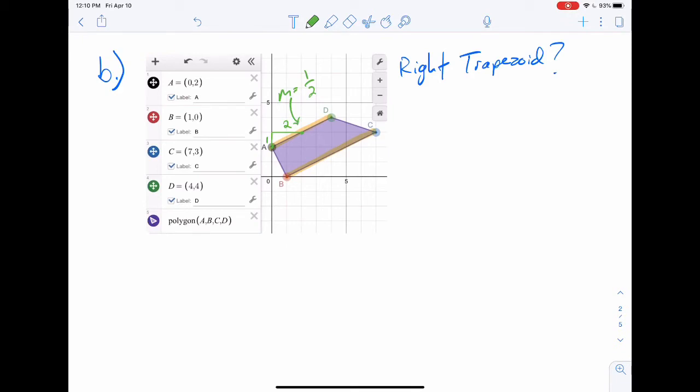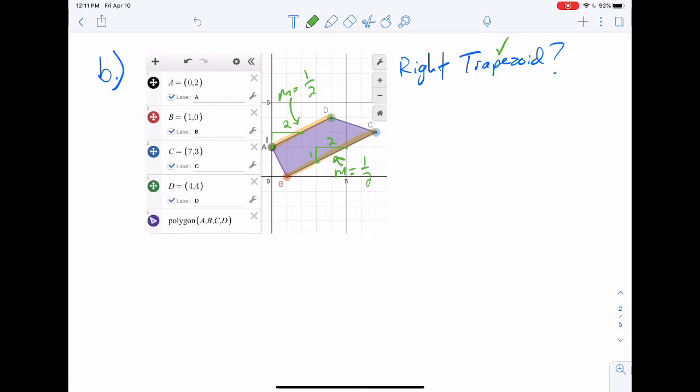And then we can look at this one here and pick 2 points and say this also has a rise of 1 and a run of 2. So the slope also equals 1/2. So it is a trapezoid because opposite sides are parallel.